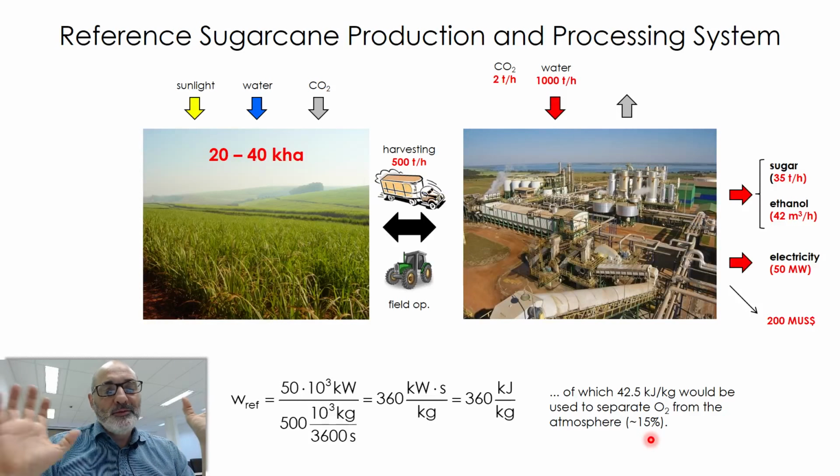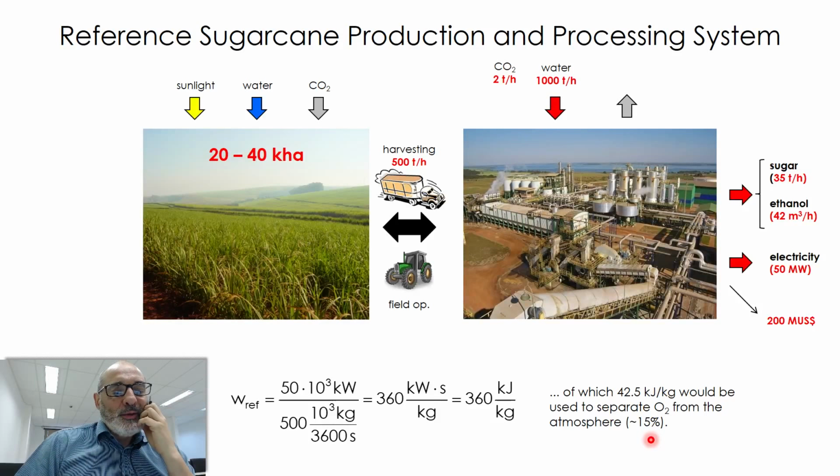So if the world was perfect, with no irreversibilities and no exergy destruction, we would sacrifice only 15% of our electricity revenue in order to separate oxygen.